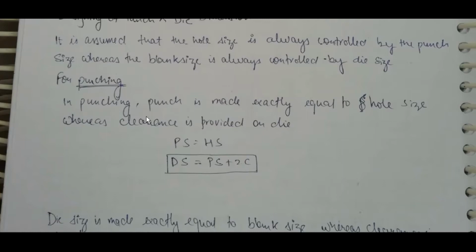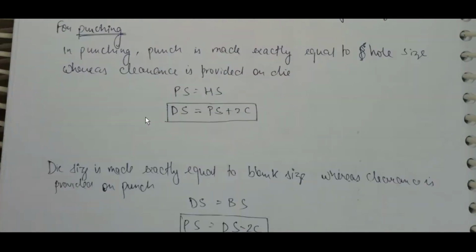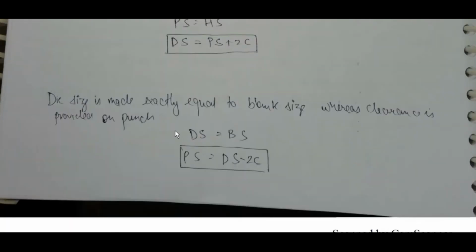PS is equal to hole size, die size is equal to punch size plus 2C. For blanking, die size is made exactly equal to blank size, whereas clearance is provided on the punch. Die size is equal to blank size, PS is equal to DS minus 2C.